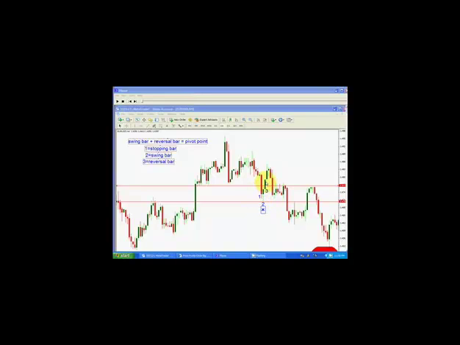Once price closed above the high of the swing bar to create our pivot point and price is moving upward, where is price most likely to stop before reversing back downward, or at least stalling or bouncing?